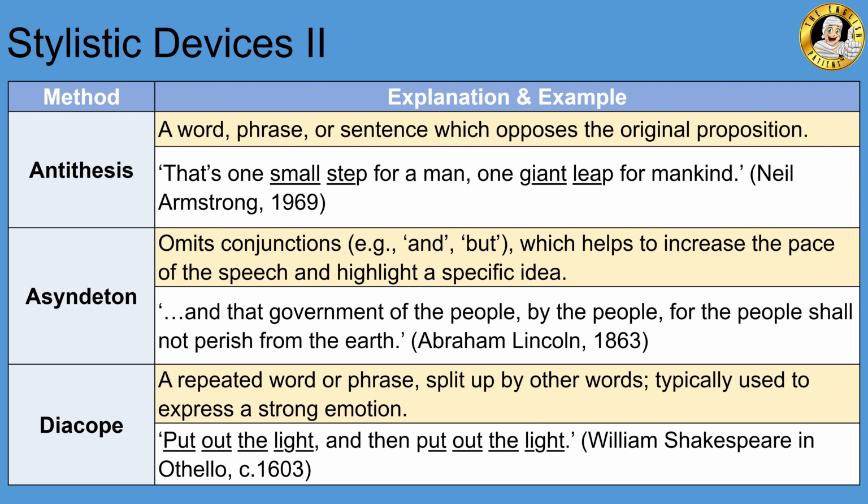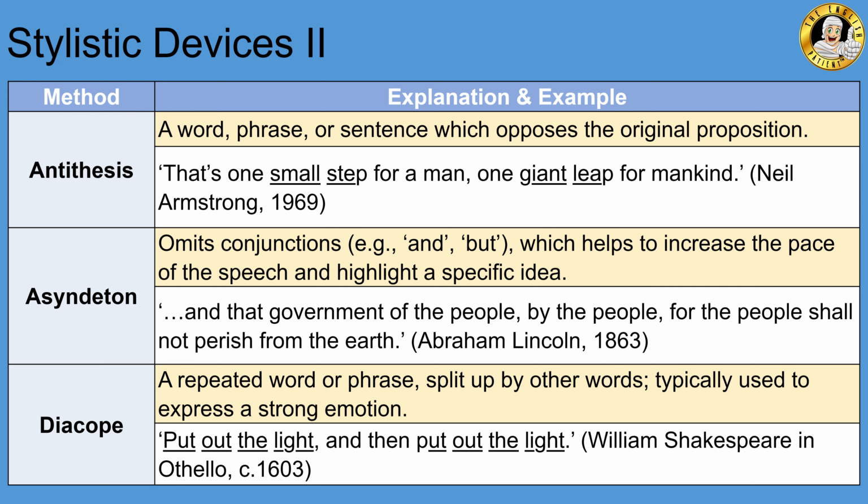But actually, Armstrong said, "That's one small step for a man," but the "a" seems to have been omitted, or it was not quite recorded well in the recording. But let's read it. "That's one small step for a man, one giant leap for mankind." So notice how a small step becomes a giant leap. So giant leap is very much different from the small step. It's in quite opposition to the original proposition of the small step. This is antithesis.